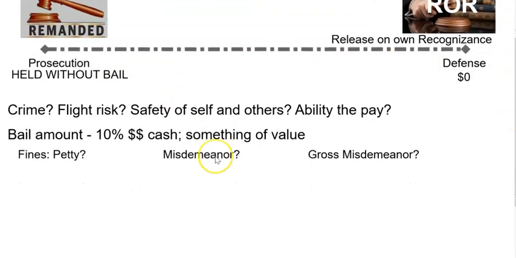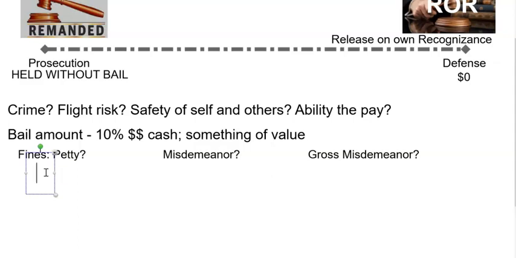Now on the other side, we look at fines, and fines are determined based on statute, based on what the law says. When we looked at petty misdemeanors and gross misdemeanors the other day, we were looking at what amount is the top amount that can be expected in a fine for these crimes.